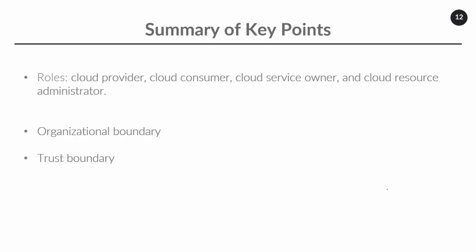Cloud service owner, cloud resource admin, etc. And we looked into organizational boundary, which represents the physical scope of IT resources owned and governed by an organization. And also the trust boundary, which is the logical perimeter that encompasses the IT resources trusted by an organization.